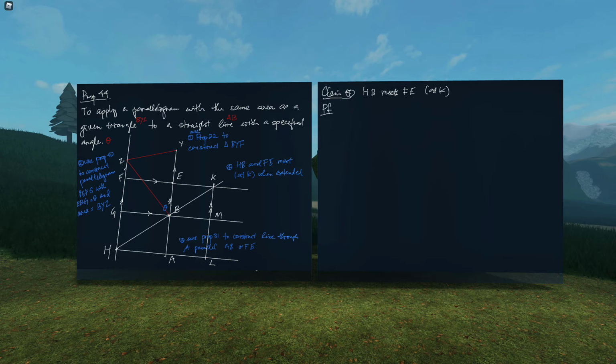So the proof is that HFE and AHF, right? So these are the two internal angles of the line HF, internal angles of HF falling on parallel lines, right?